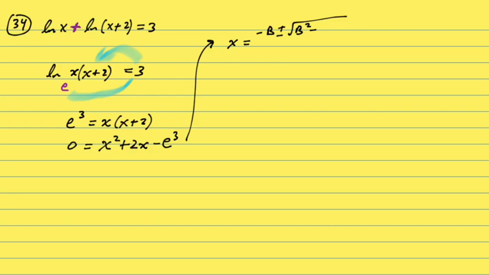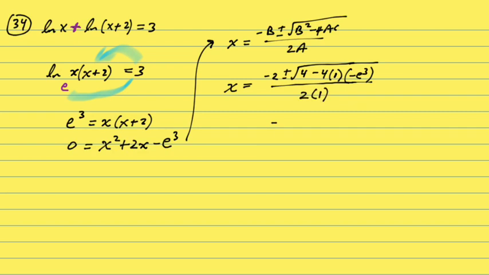It's from Algebra 1: negative b plus or minus the square root of b squared minus 4ac, all over 2a. Negative b would be negative 2. The square root of b squared would be 4, minus 4a, which is 1, c, which is negative e cubed, all over 2a, which is 1.